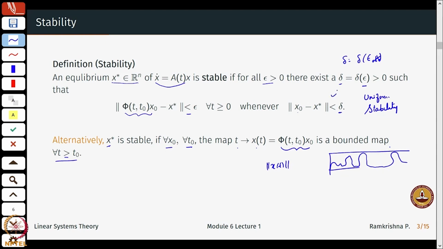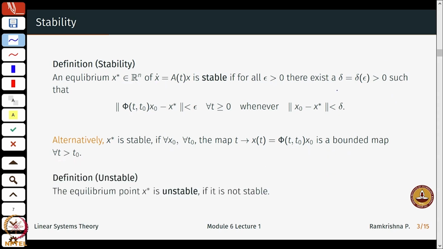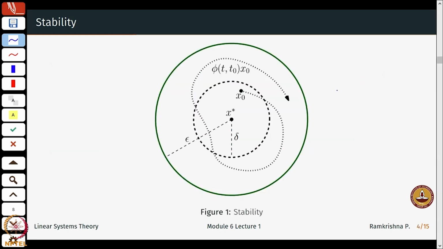Okay. So, let us see a pictorial version of it. I start with x star as my equilibrium point here. Let this x naught come from a delta ball. Essentially a delta ball would be a ball centered at the equilibrium and of radius delta, and take any initial condition within this delta ball, this x naught.